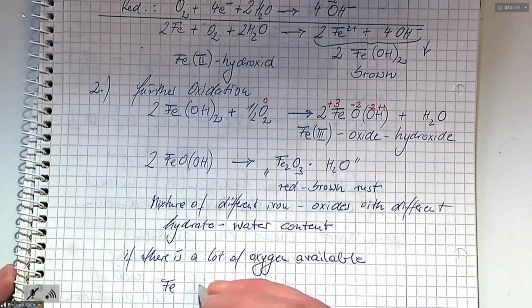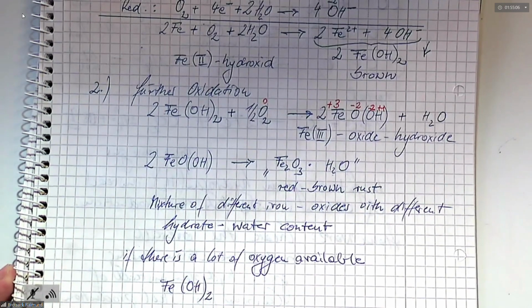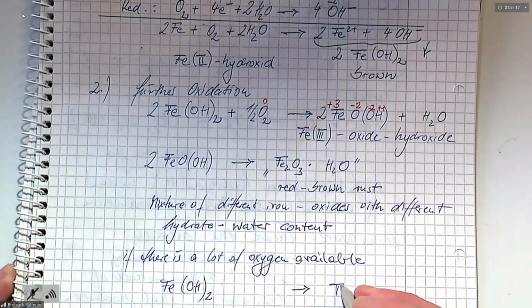So the iron 2 oxide can convert into a mixed oxide, which is Fe3O4 times 2 water.